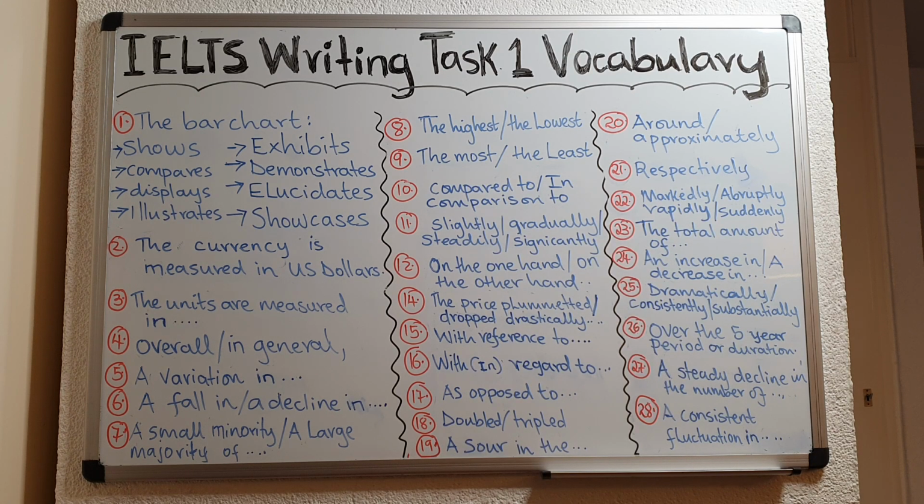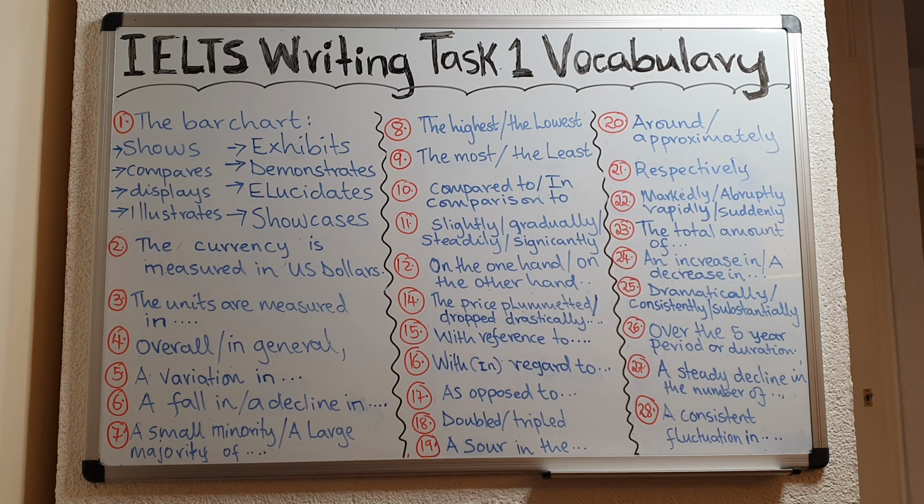So you can use this in a sentence, especially because in your writing task 1, you are expected to write the figures and the numbers. Okay, so you can say around 20% of the student population decided to buy new laptops in the year 2020.